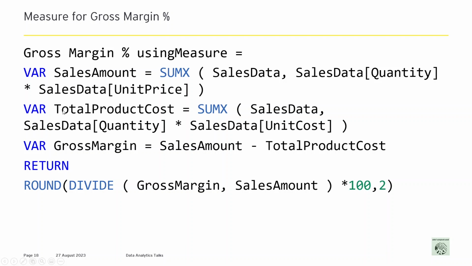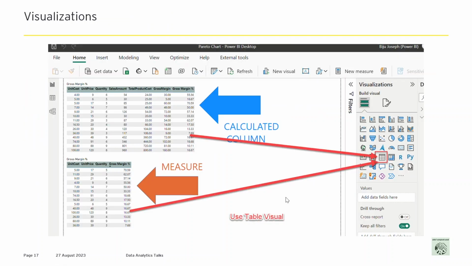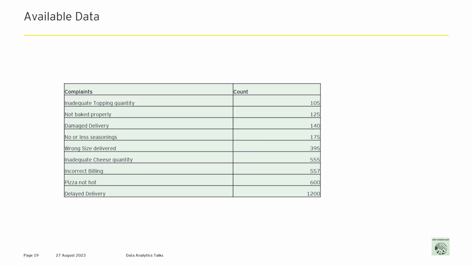Then another variable for total product cost, another variable for gross margin, and finally you will return gross margin percentage. So with that, you have completed the required DAX for finding gross margin percentage, and you can drag a table and select the data set and add all required columns. With that, you will be able to complete your first task and go to the second task.